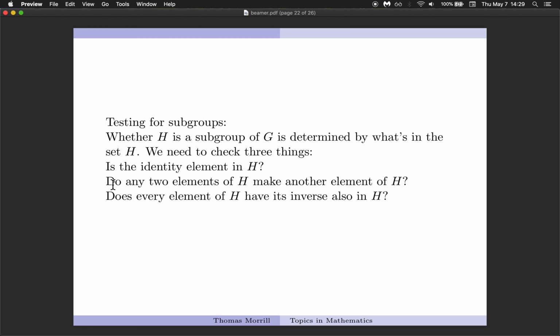But on top of that, I need to know, do they land back in my subgroup, right? Are they both integers in that case? Yes, they are. And finally, does every element of H have its inverse also in H, right? So there's just 3 things to check off my list. Do I have identity? Do I have closure, right? Do any 2 elements combine to give me an element of H? And do I have inverses still inside H?